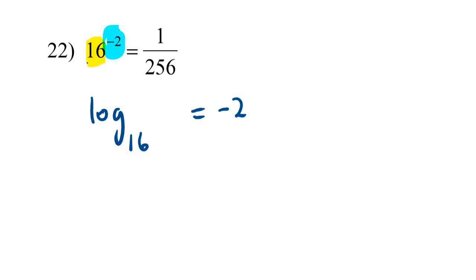Then the number we need to find the power of is 1 over 256. So we deconstructed this from exponential form to log form by considering that the base has to be the base, and the power is the power we're looking for. And this number here does not really matter. That's just a number.